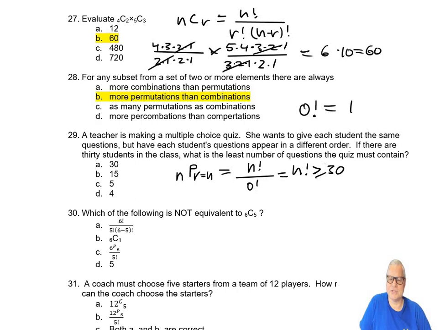Now we can start reversely. 1 times 2 is 2, times 3 is 6, times 4 is 24, times 5 is 120. So the first number greater than 30 is when n is 5. So the answer is 5.